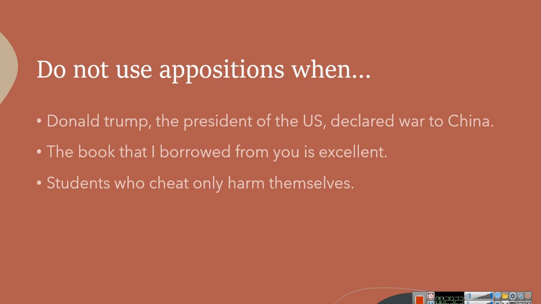Now, there are some instances where we don't have to use the apposition. Remember, the apposition gives more information about the subject and usually responds to the question of which. For example, Mary, the teacher, is responding to which Mary. There are instances when it's not necessary to specify. For example, Donald Trump, the president of the United States, declared war on China.